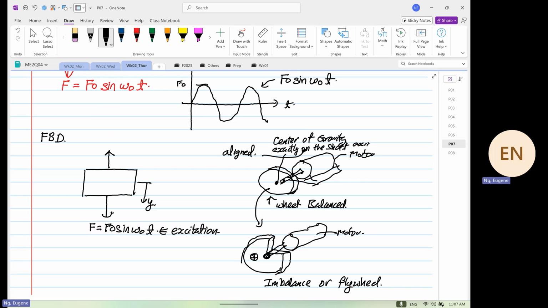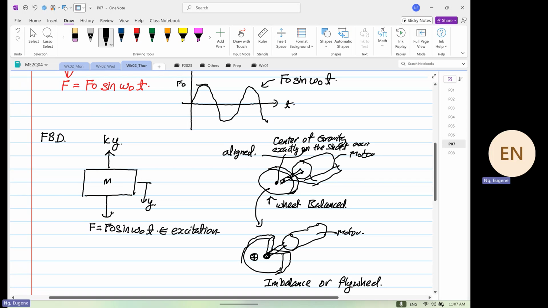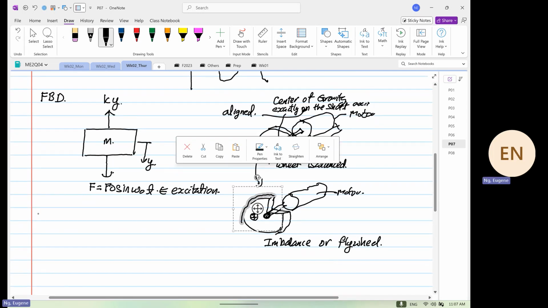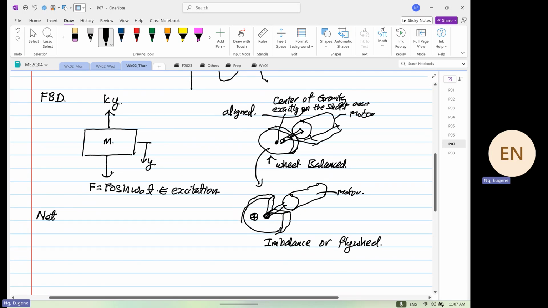Okay. So this is our Ky. And this is our mass. Right? So once you draw this, now we declare net force to accelerate mass.